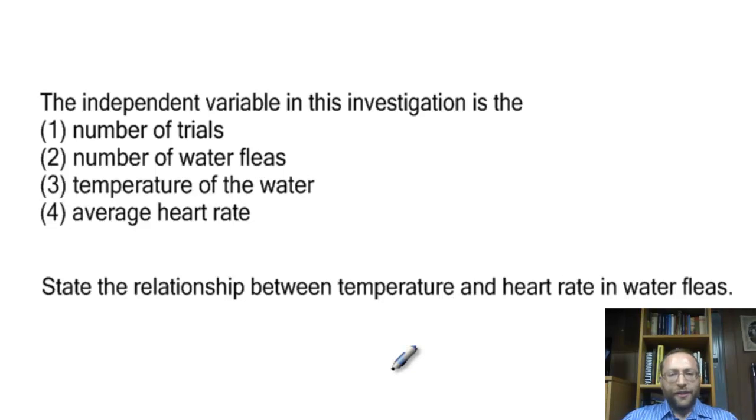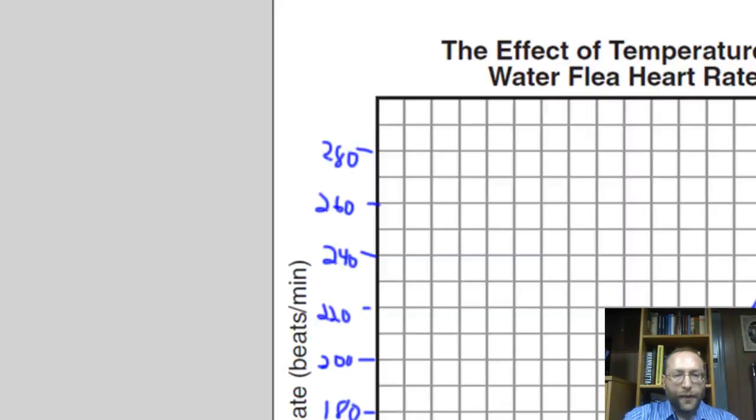Okay, almost every Regents exam, they ask you the relationship between 2 variables. The answer I always want you to put down is: as A goes up, B goes, and then you fill in the blank. It's either B goes up, or B goes down, or it stays the same, or there's no relation. Usually it's one goes up and the other goes down. So you look on here. Go to the graph here.